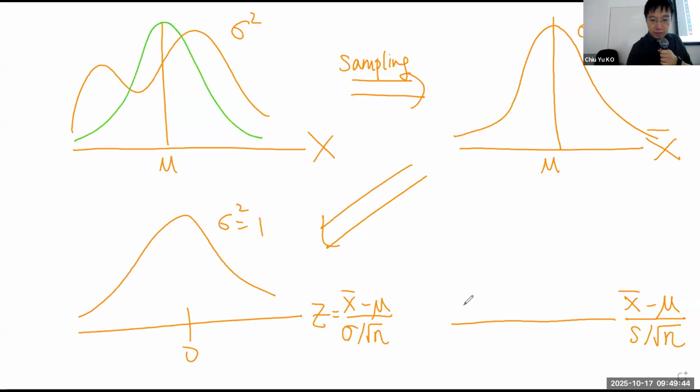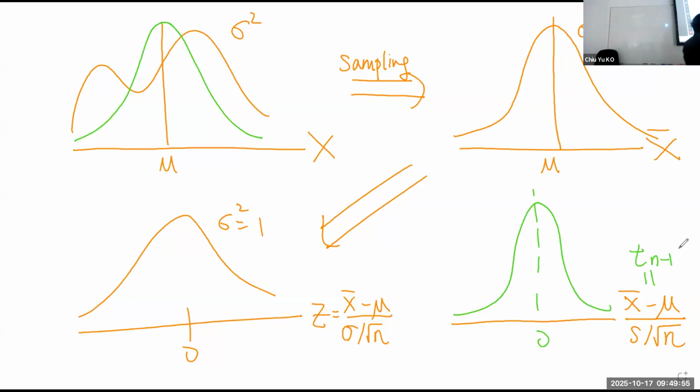If this is a bell curve, then this statistic will be T with n minus 1 degrees of freedom. It's a T distribution with n minus 1 degrees of freedom. So we have to make what we call the normality assumption, which I'll elaborate a little bit more.